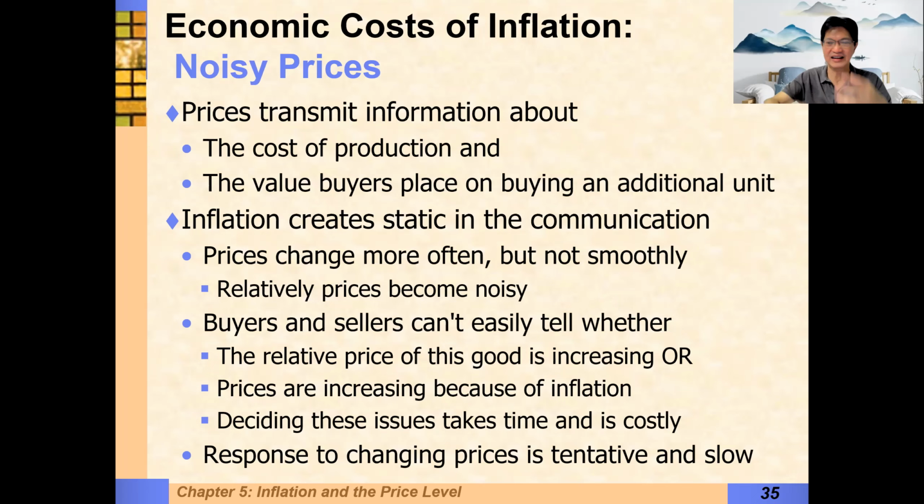And you have uneven prices. Then the relative prices are all going to be going up and down versus each other. This causes noise in the system. This means that the price system is working less well as a way of telling people what's expensive, what's cheap, what they should buy, how they should produce.